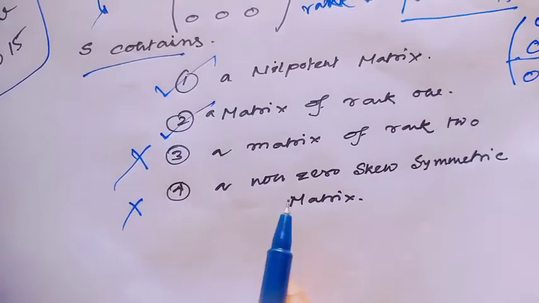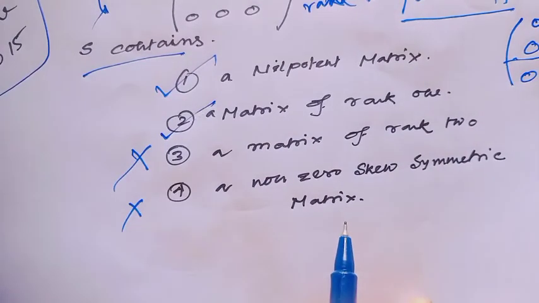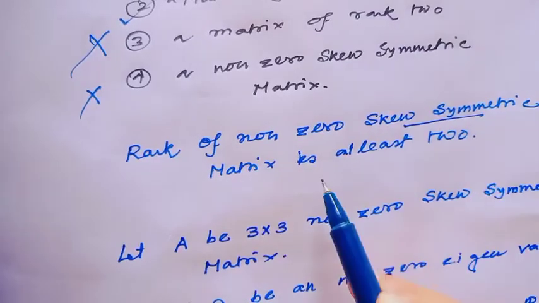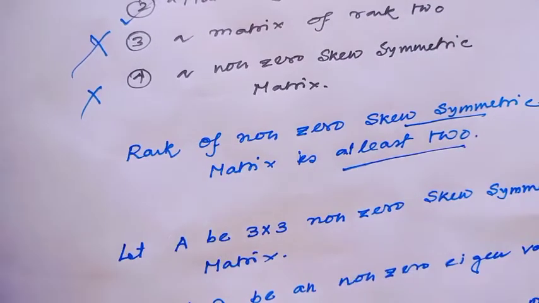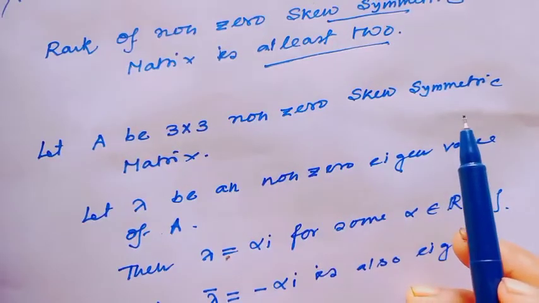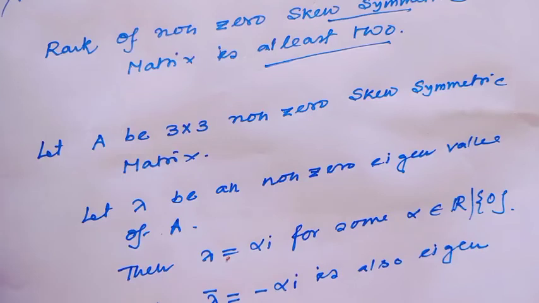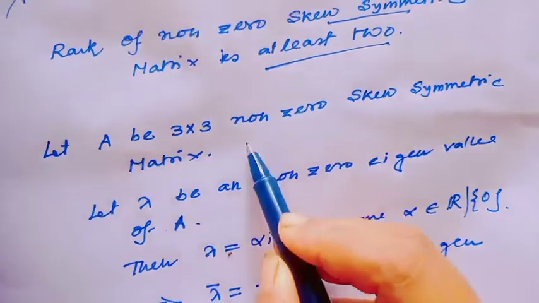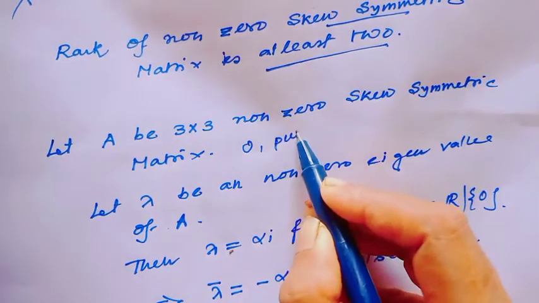S contains a non-zero skew symmetric matrix. We all of us know the rank of a non-zero skew symmetric matrix is at least 2. Consider A be a 3 cross 3 non-zero skew symmetric matrix. Then obviously for a skew symmetric matrix, we all know the eigenvalue is either 0 or purely imaginary.